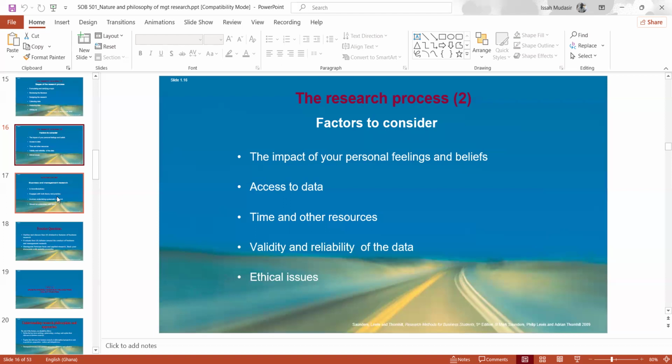Number two, if the data does not already exist, can you collect the data? Do you have the resources to collect the data for your research? So you must answer that. Access to data. So for instance, I had one of my MPhil students who wants to do research on crowdfunding.